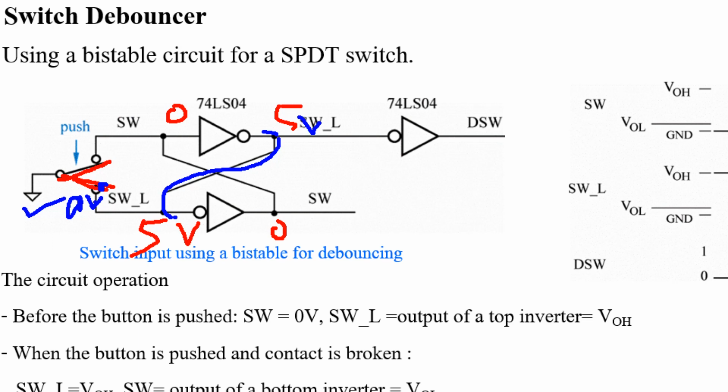So it's 5 and 0, and for a short period, maybe some current flows from 5 to 0, which is quite high current, and the semiconductor device may be damaged by this surge current.